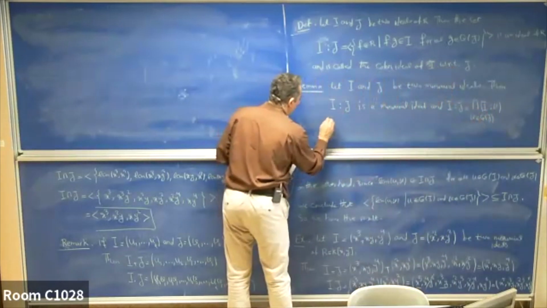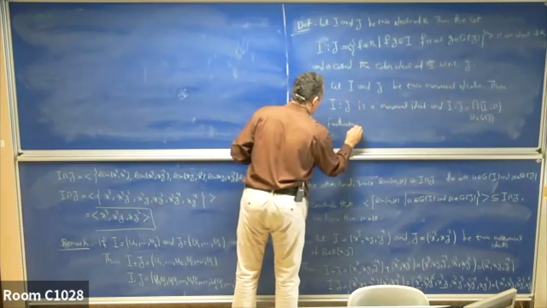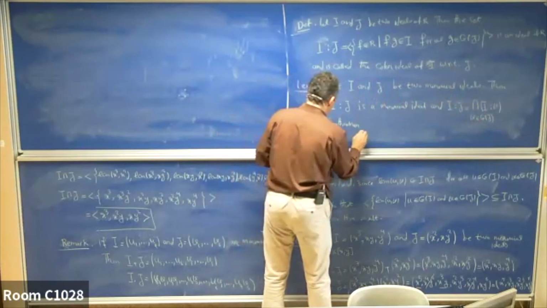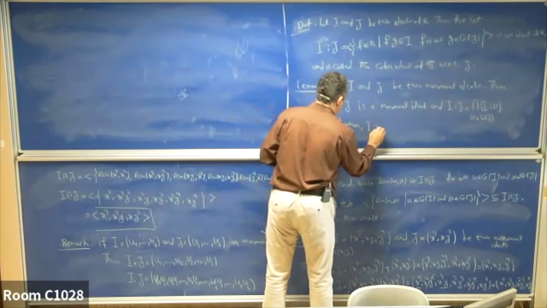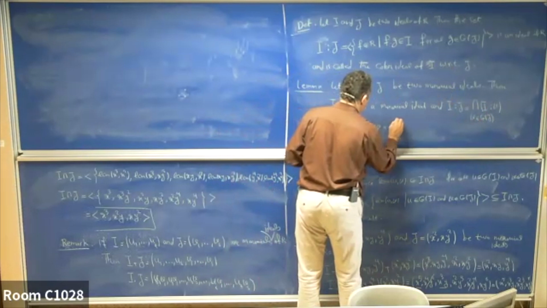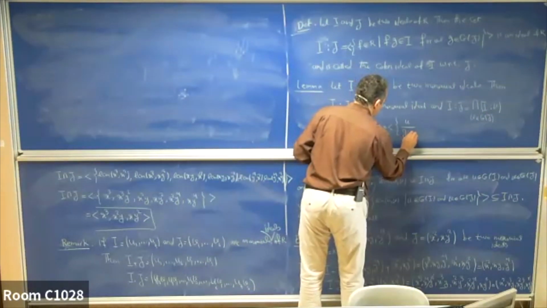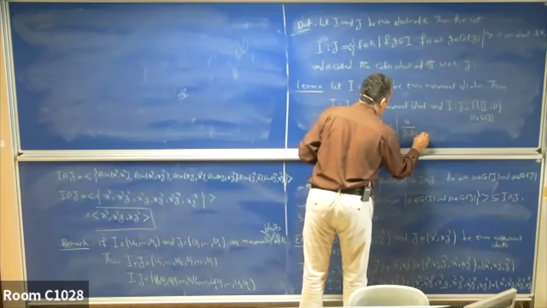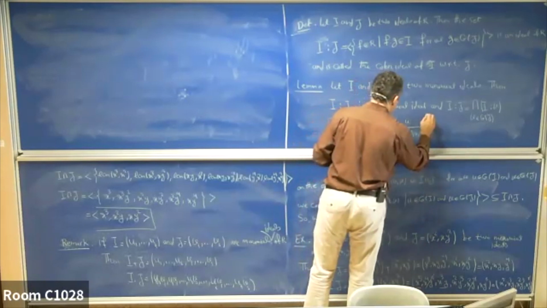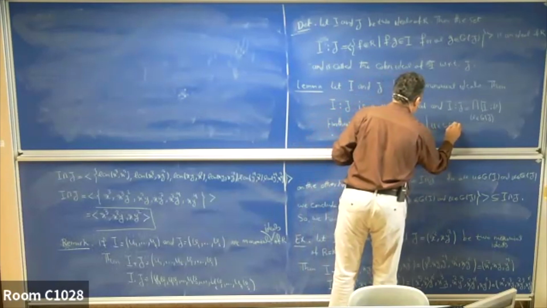And furthermore, I : v, this colon, is equal to this set, generated by u over GCD(u, v) for u in G(I).